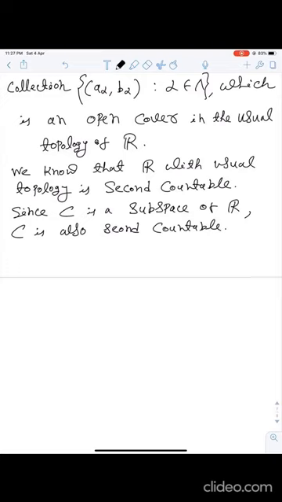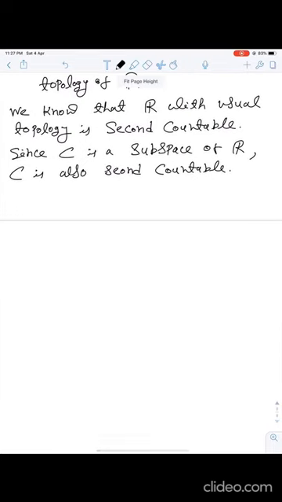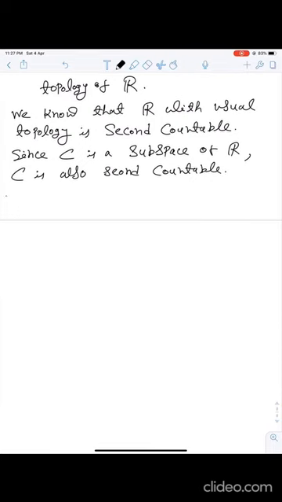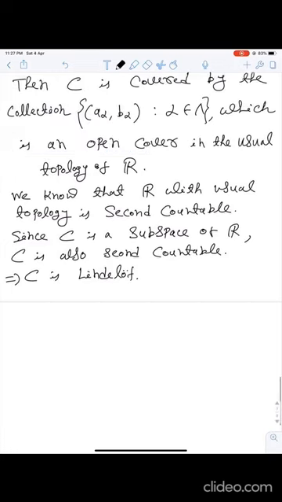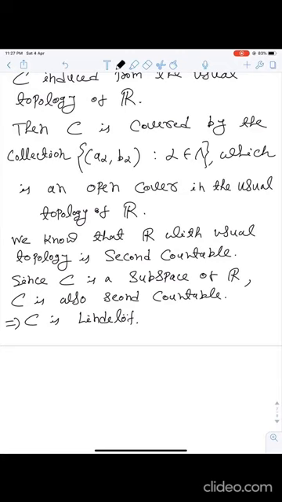Again, we have also proved that every second countable space is also a Lindelof topological space. Now that will imply C is Lindelof. That means we proved that C is Lindelof.